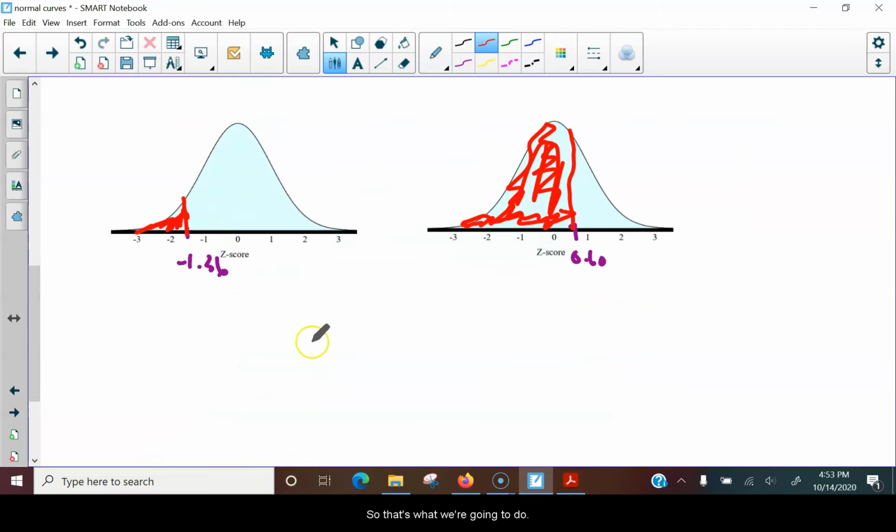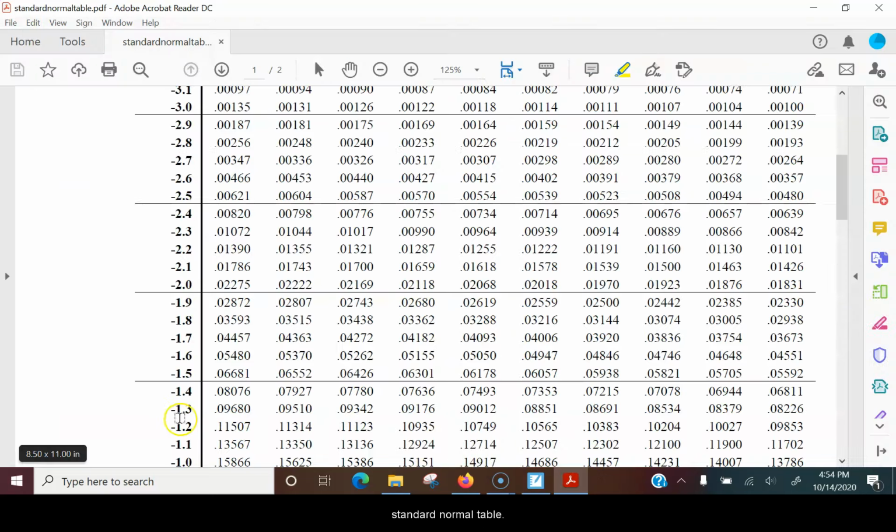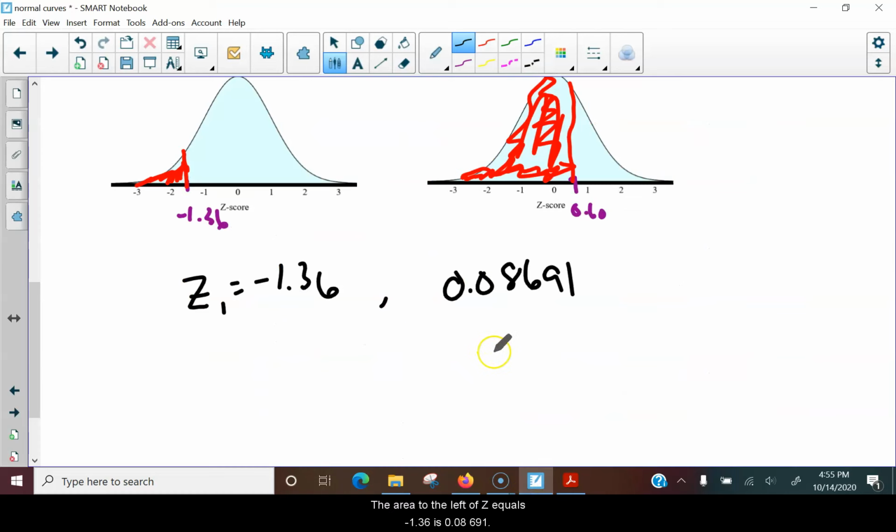So that's what we're going to do. We will start by looking at z1, which was the negative 1.36, in the standard normal table. Here's negative 1.3, and then 0, 1, 2, 3, 4, 5, 6. This one is the percent of data that is to the left of the z-score, negative 1.36. The area to the left of z equals negative 1.36 is 0.08691.